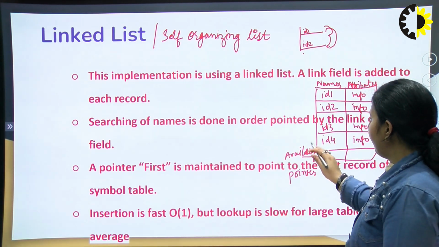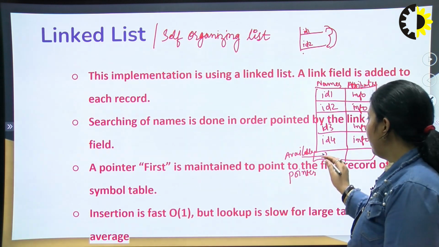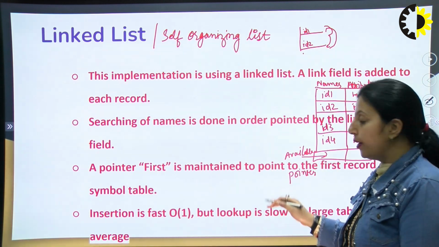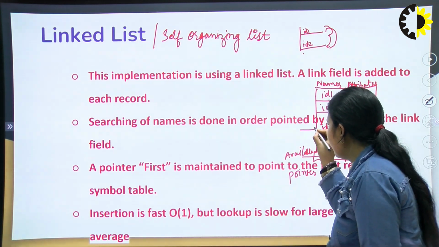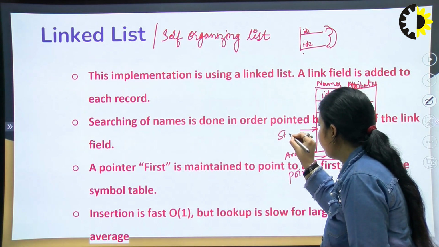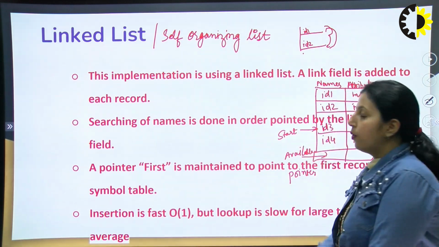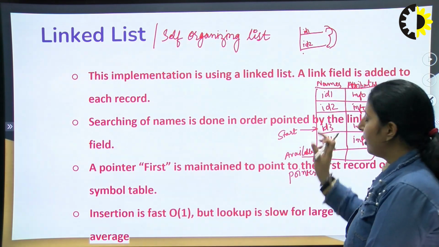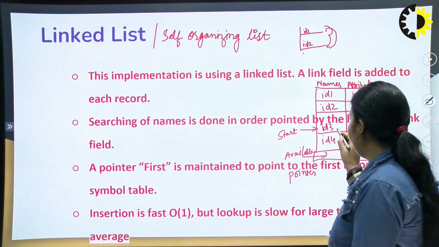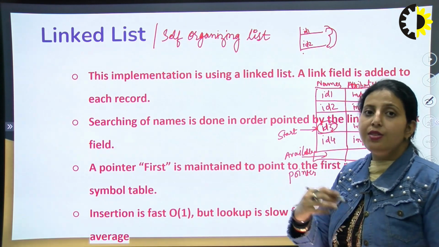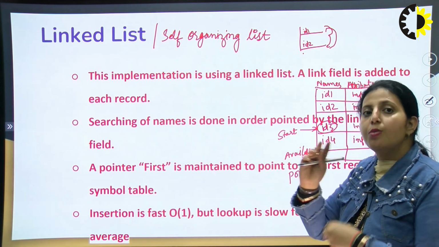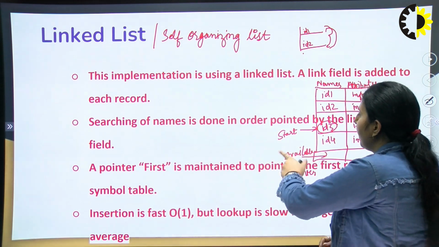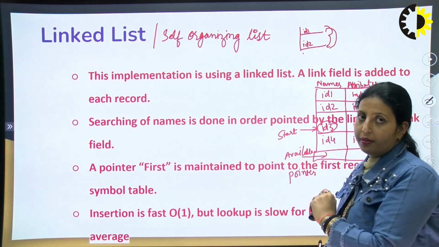So here the available pointer is pointing to the location where there is no entry. If this shows the start, what does it mean? If the start is here, it means ID3 has been searched many times, the value of ID3 is used many times, that's why the start is here.